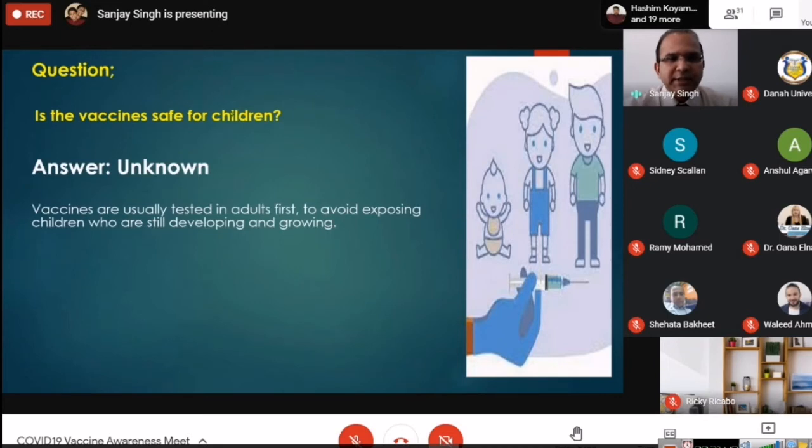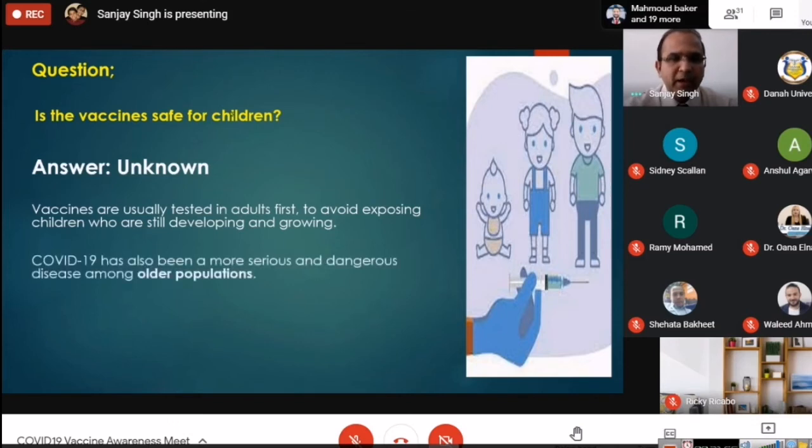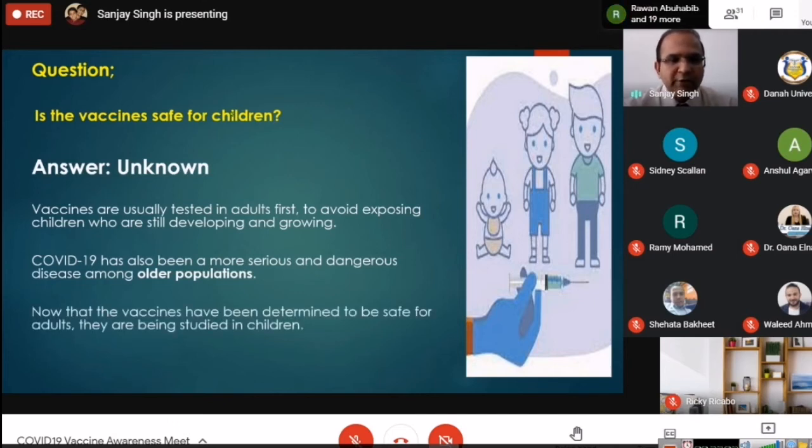Vaccines are usually tested in adults first to avoid exposing children who are still developing and growing. And COVID-19 has also been a most serious and dangerous disease among the older population. And now that the vaccine has been determined to be safe for adults, it is being studied in children. And very soon the recommendation will be for 12 years and above.